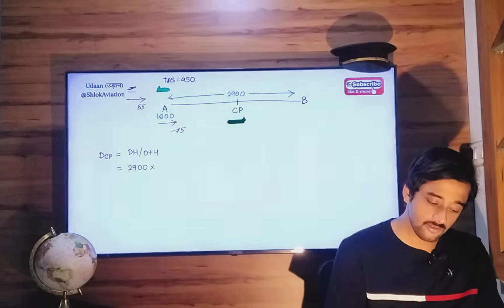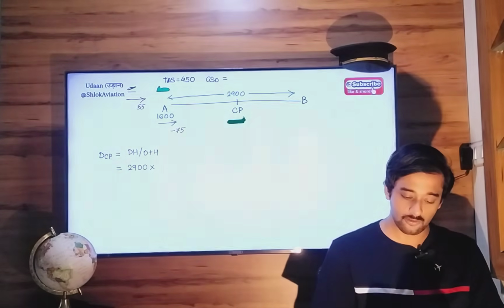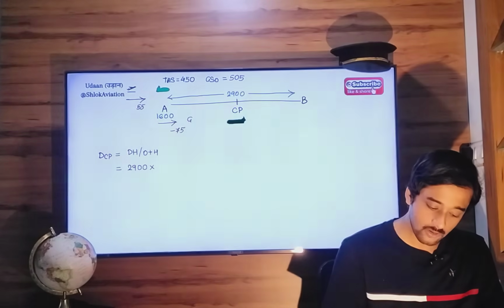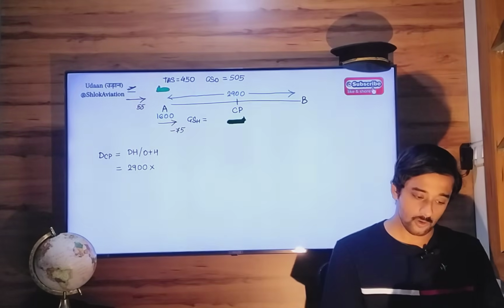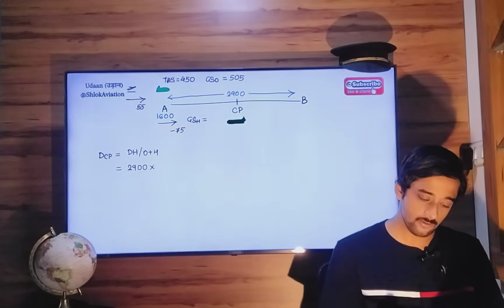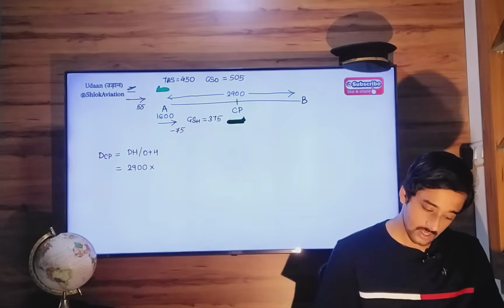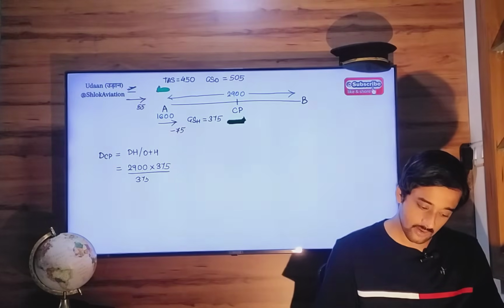So outbound speed will be TAS plus tailwind. So 450 plus 55, 505. Homebound speed will be what? TAS 450 minus headwind. So 450 minus 75, 375. So let's substitute the values here. 375 divided by 375 plus 505.